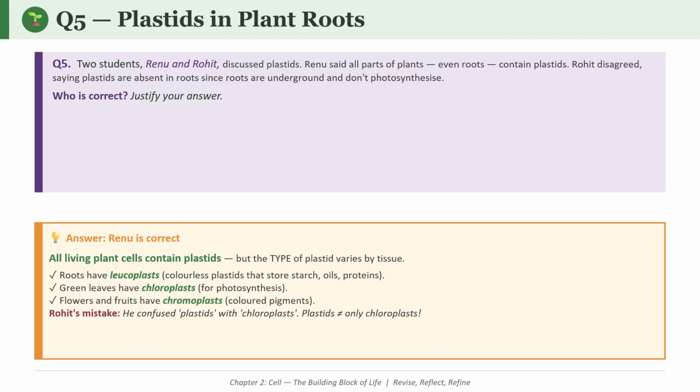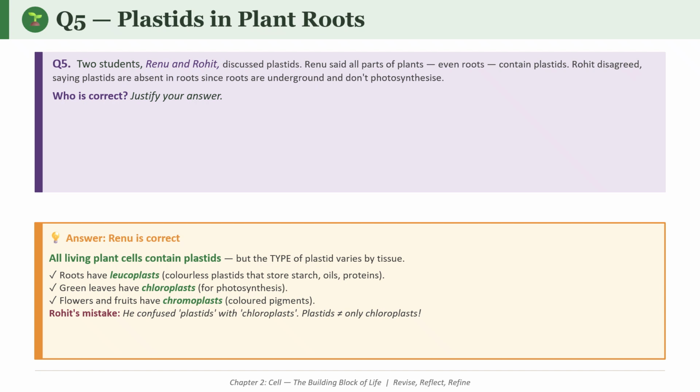Actually, all living plant cells contain plastids. Plastids are only present in plants, right? But the type of plastid varies by tissue. Roots have leucoplast, which is a colorless plastid that stores starch, oils, and proteins. Green leaves have the green pigment because of the chloroplast, which helps in the photosynthesis process.